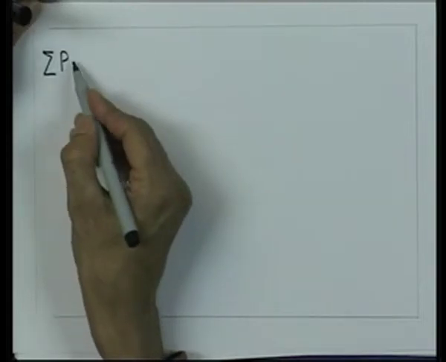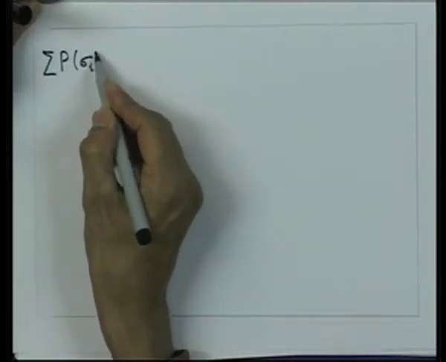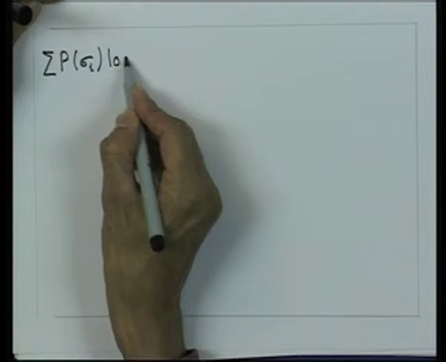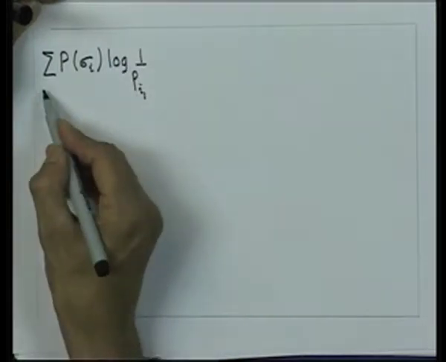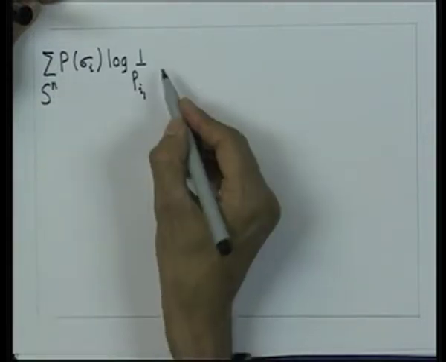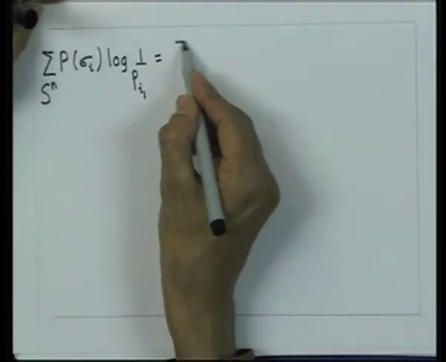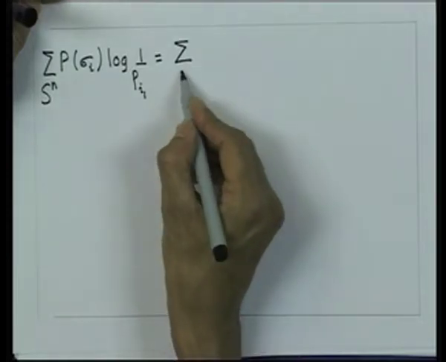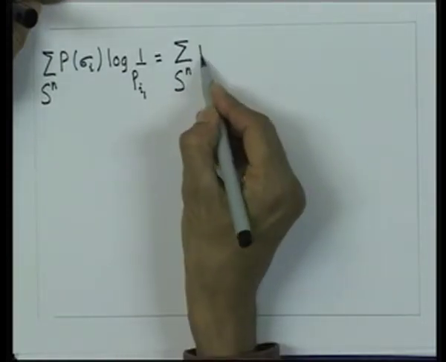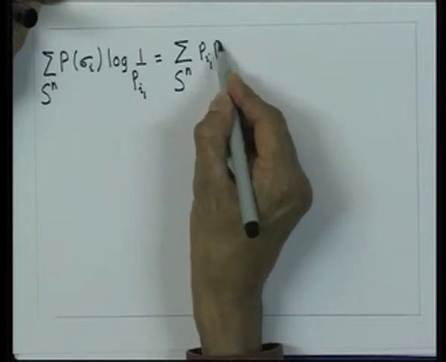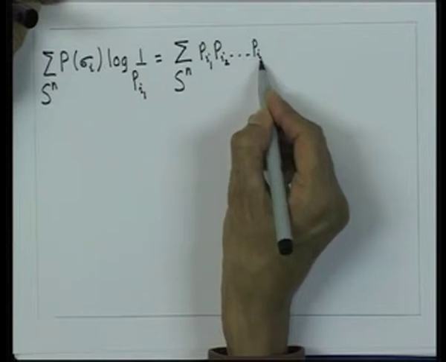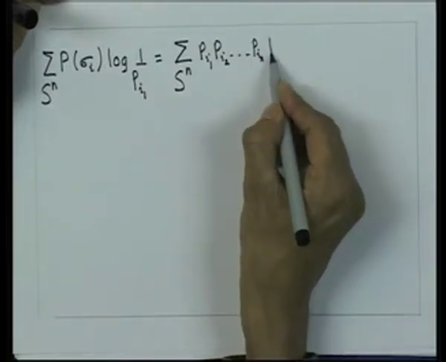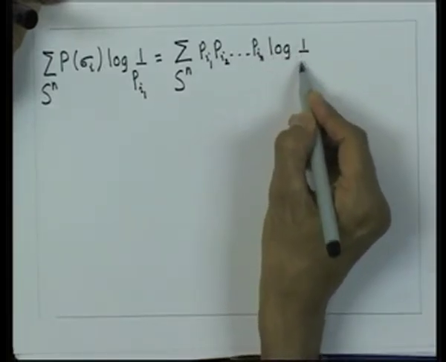So, I take the first term in that summation, which is this. I again break up probabilities of sigma i in terms of my probabilities of original symbols.